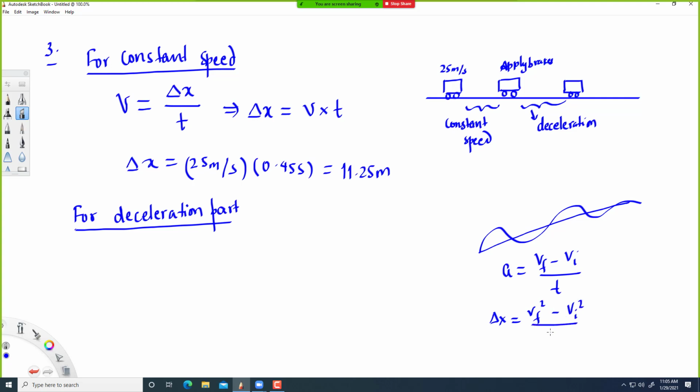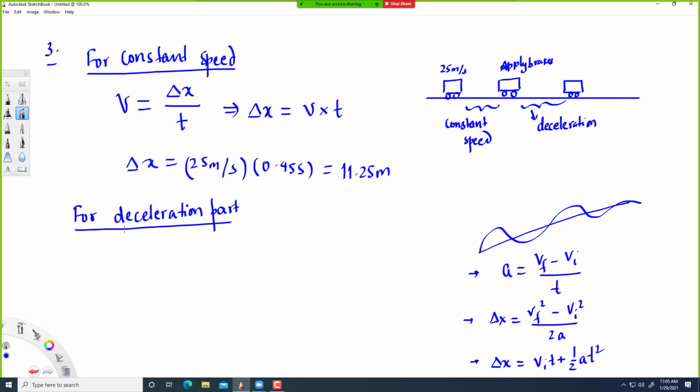You don't need to write all these formulas. I'm just showing you what kind of formulas we have. We need to figure out which one would be the relevant one. So and then we also have delta x is equal to V_i t plus 1/2 A t squared. Okay. So now let's look at what information we have.